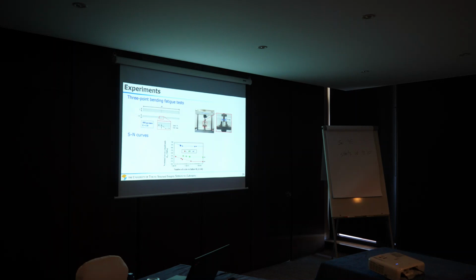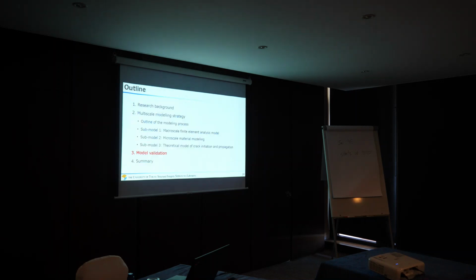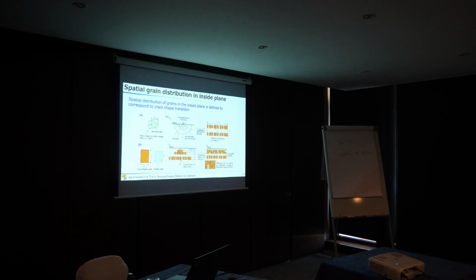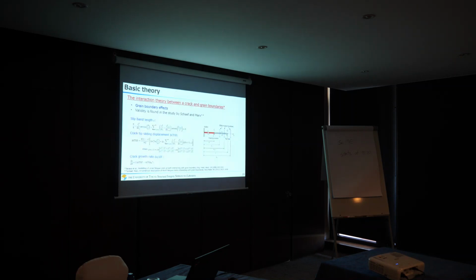Actually, you can see our crack growth model. We calculated the crack growth rate by using delta CTSP. This equation shows the relationship between the crack and the grain boundary. The L is the grain boundary distance. And we also consider the delta tau, which is the driving force.